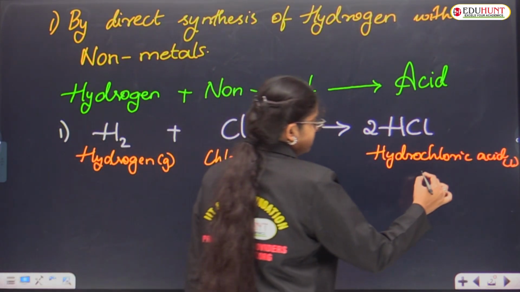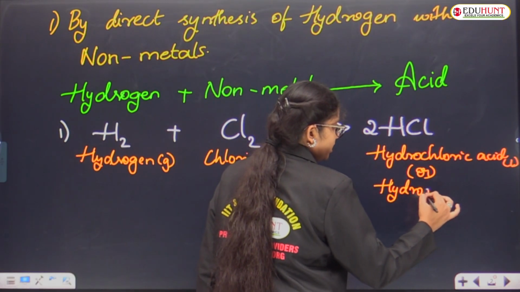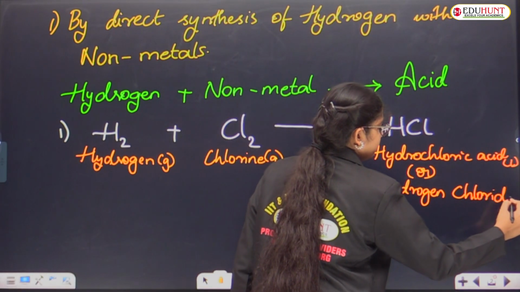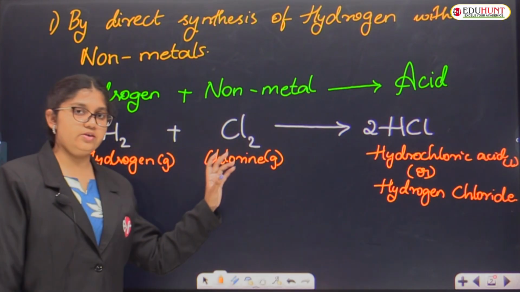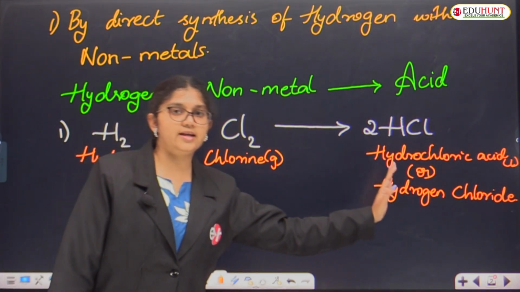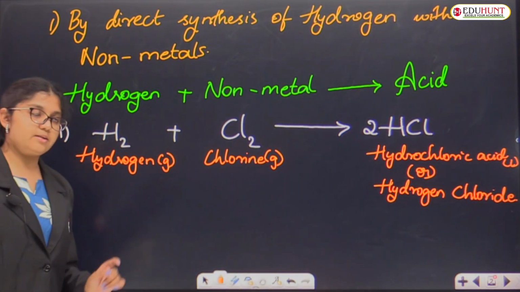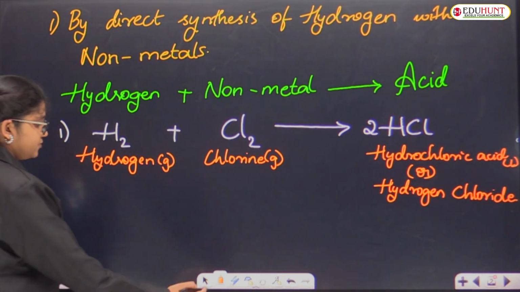We can also write this as hydrogen chloride. See, when H2 and Cl2 react, they give 2 molecules of HCl. That's the first example in the first method of preparation of acid, by direct synthesis of hydrogen with non-metals.